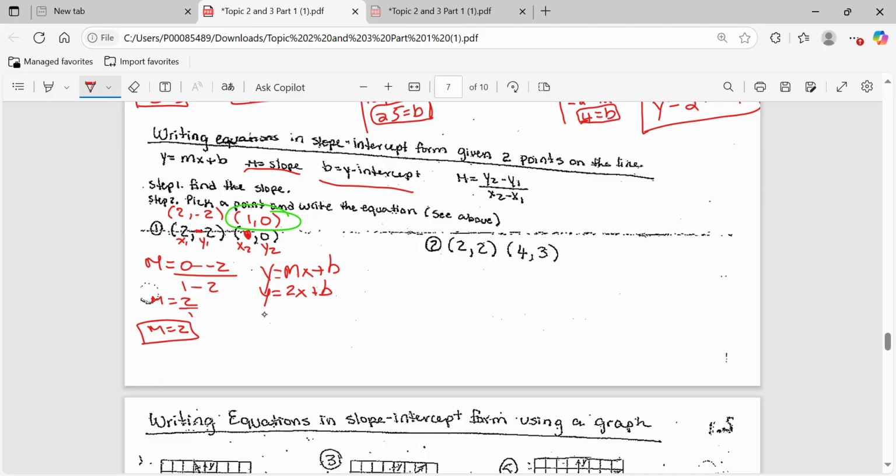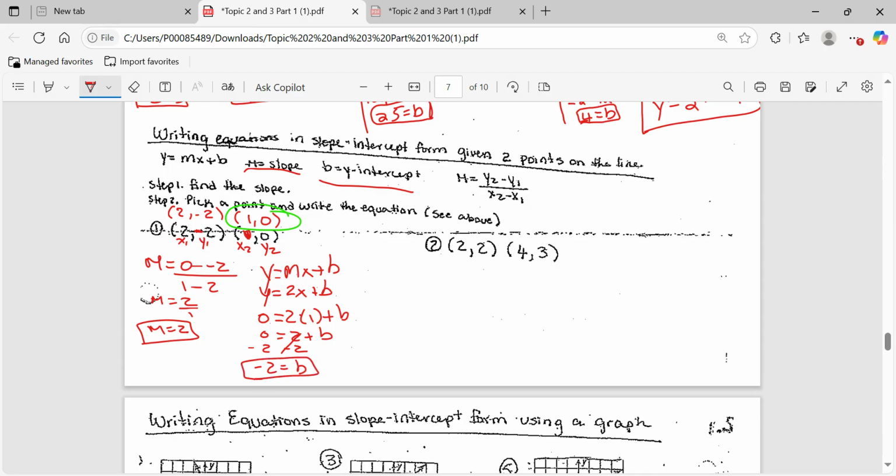Anyway, my y is 0 and it's equal to 2 times 1 plus b. 0 is equal to 2 plus b. So to get it by itself, I'm going to minus 2 on both sides. So that negative 2 is my y-intercept.